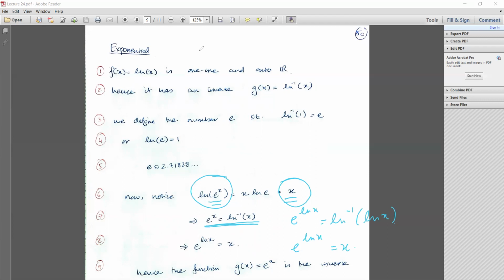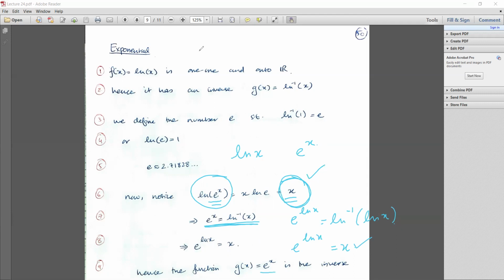The point of all of this is to show you that if I have the composition of ln x and e raised to power x in any order, so if I have ln of e raised to power x, that's equal to x. If I have e raised to power ln of x, that's equal to x. What does that mean? I'm composing two functions, and when I compose them in either order, I get the same input back.